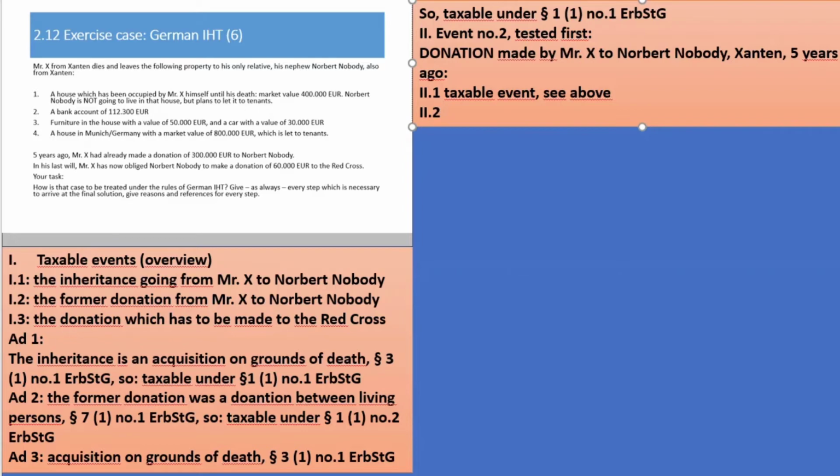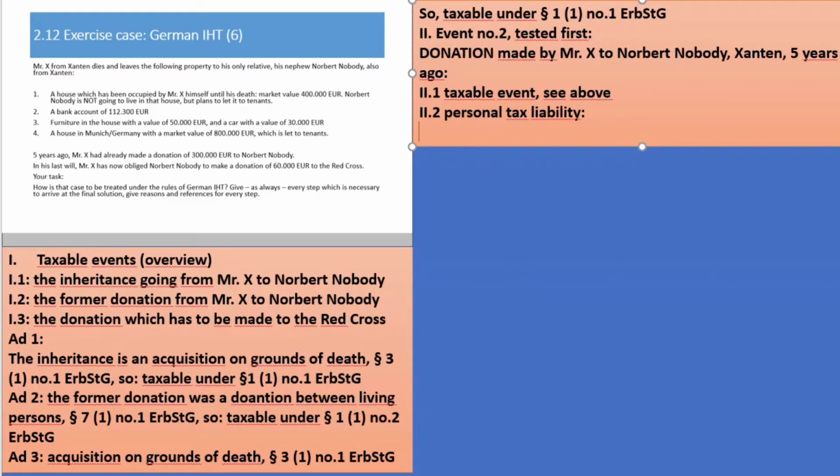Number 2, you remember the second step was the personal tax liability under which that is covered. And here you remember there was a limited and an unlimited tax liability.